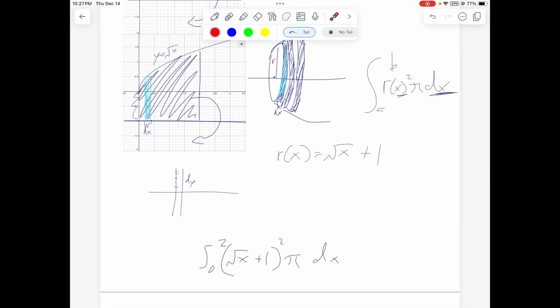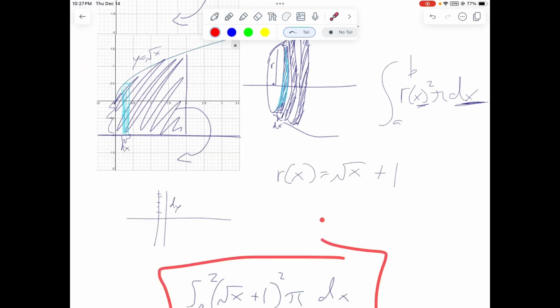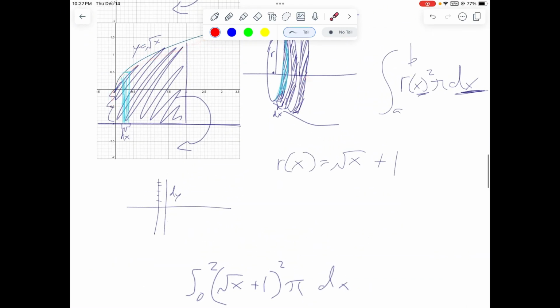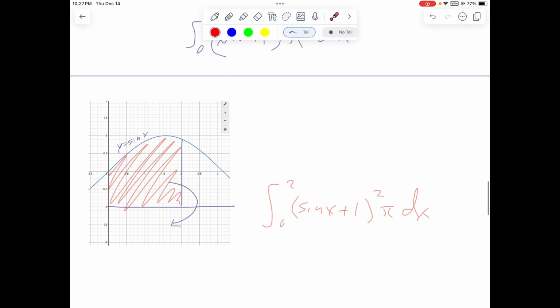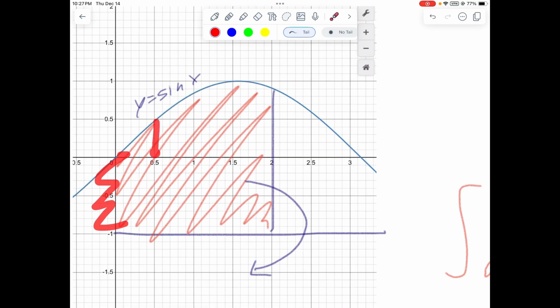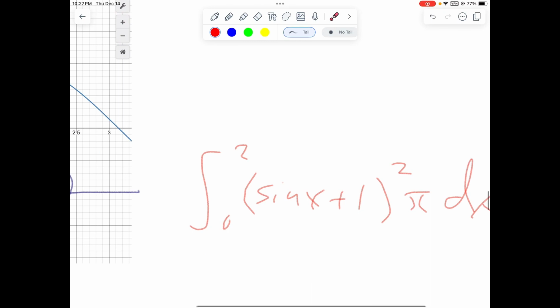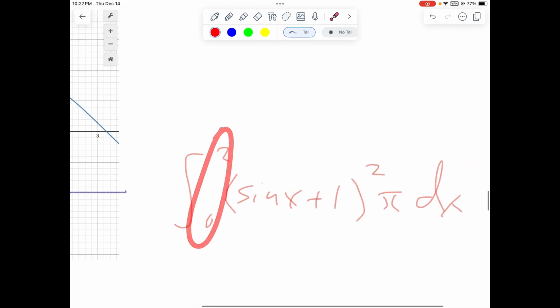Okay, yeah, so we figured out the top part equation for the larger graph, and for the smaller graph, it's literally the exact same thing, where you find the radius equation, which is, again, just y plus 1, and y is sine x, so sine x plus 1 squared pi dx, exact same bounds and everything.